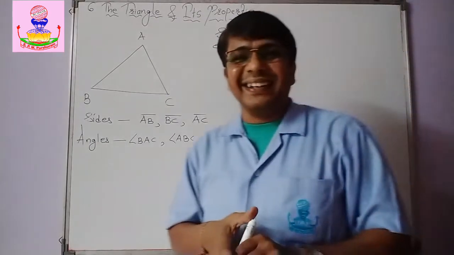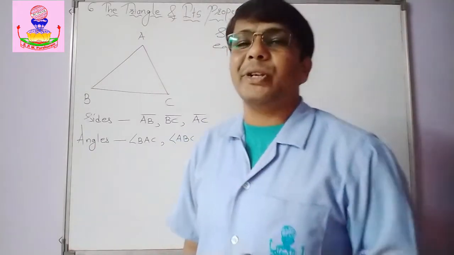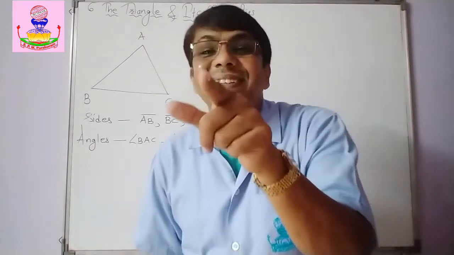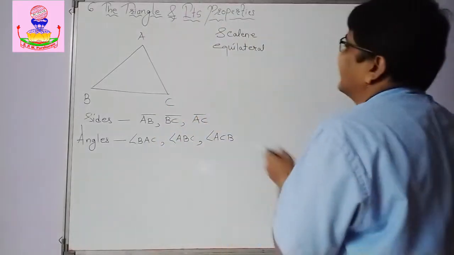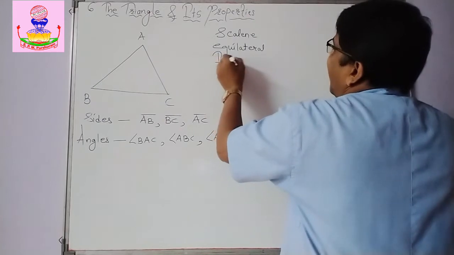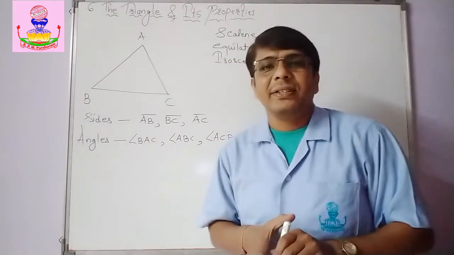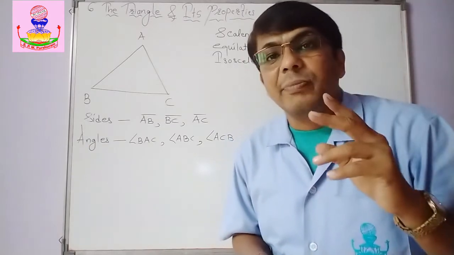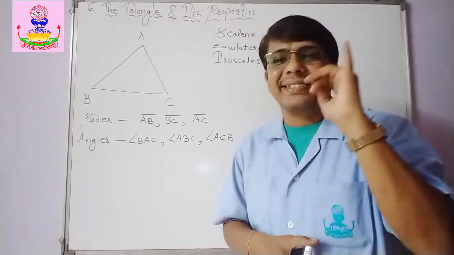And when any 2 sides are equal or congruent, the triangle is called an isosceles triangle. So, based on the sides, there are 3 types of triangles.